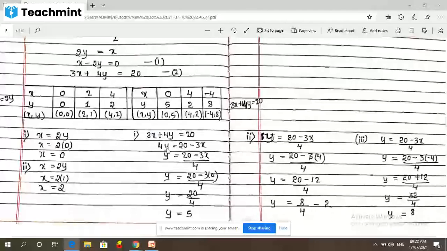Y form means only y is taken on the LHS, and all the remaining terms are transferred to the right hand side. First let us transfer this 3x to this side. Then 4y is equal to 20 minus 3x. Then y is equal to 20 minus 3x divided by 4.